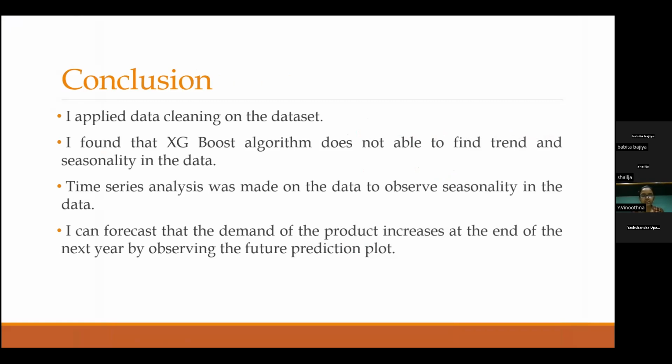I have performed time series analysis on the data to observe seasonality and trend, and I have decomposed the data to find the trend and seasonality. I have forecasted the demand of the product using the SARIMA model, where I have found that there is a gradual decrease at the starting of the year and a gradual increase of demand at the end of the year.